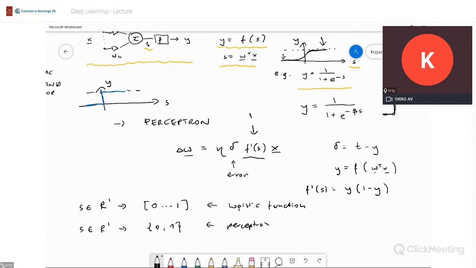In case of the logistic function, I'm getting real values. So I might say that from one point of view, it is not that obvious as we would like it to be, because as a result of classification, we would expect that the neuron says yes or no, and it is saying maybe.